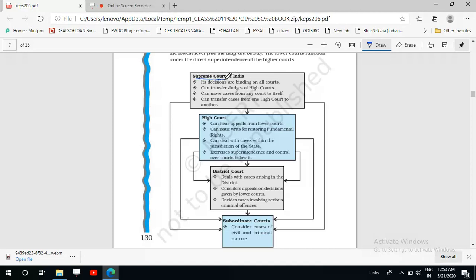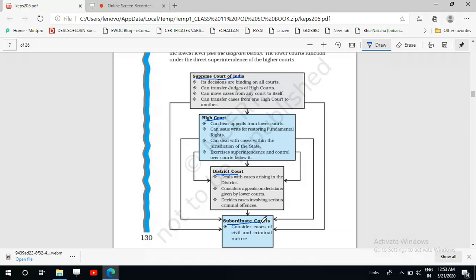It is the apex court. Okay, and after that comes the High Court, which is there in all the states of India. And then district courts and subordinate courts.